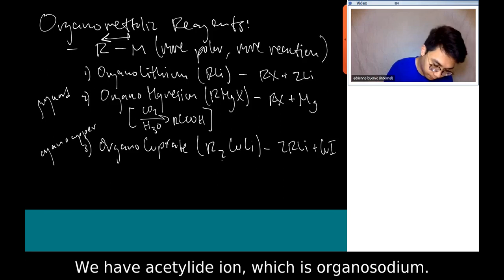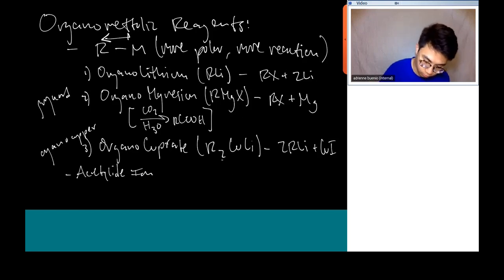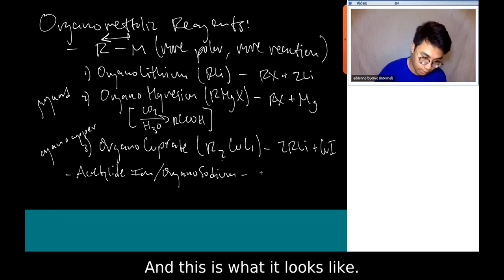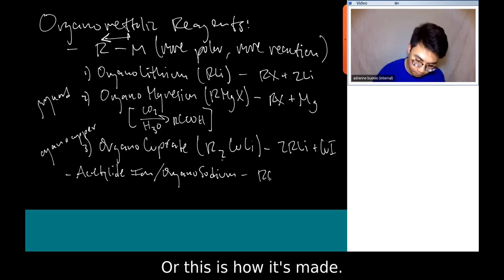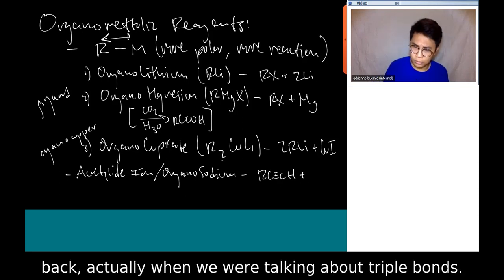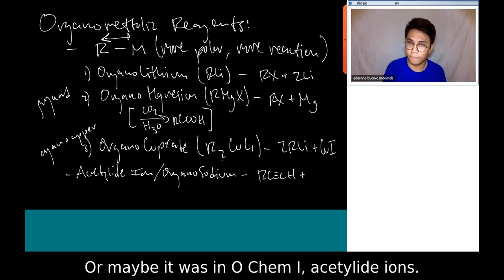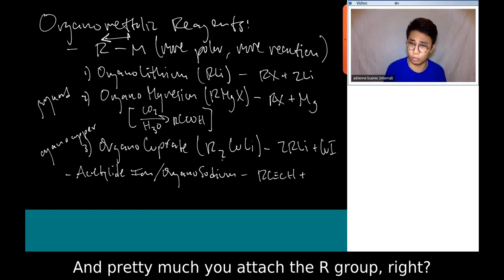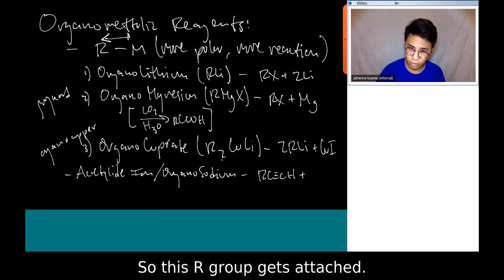And then we have two minor ones. We have the acetylide ion, which is organosodium, and this is how it's made. This is from a couple chapters back when we were talking about triple bonds, or maybe it was in OChem 1, acetylide ions, and you attach the R group.